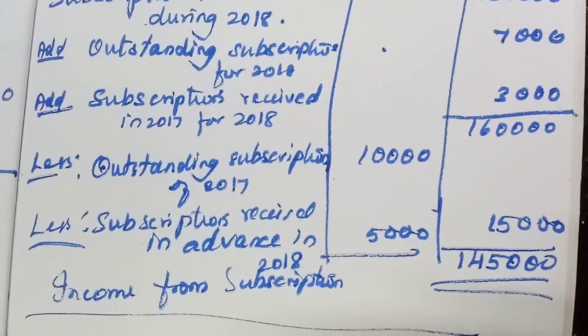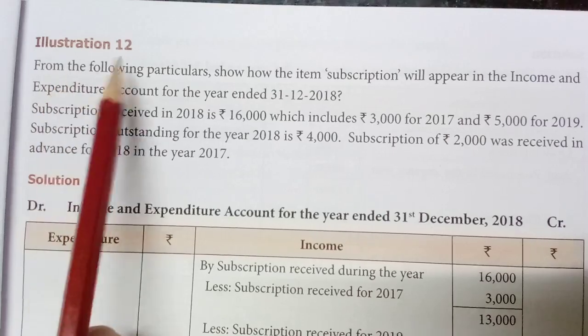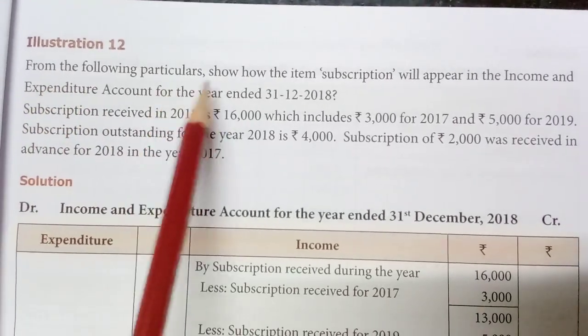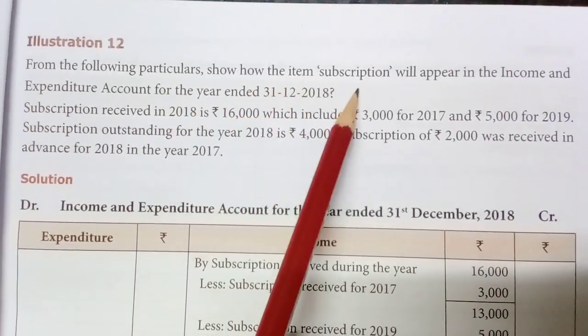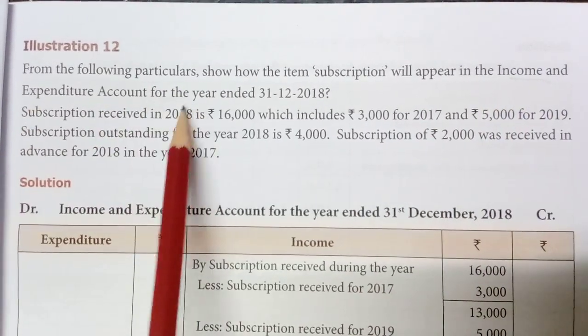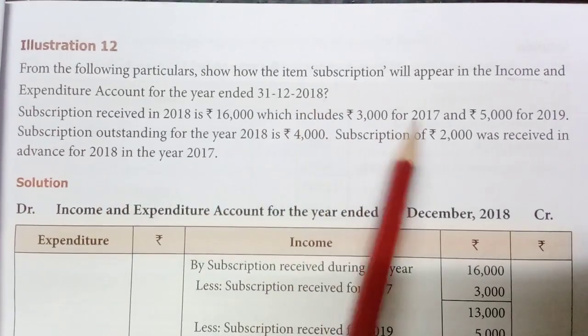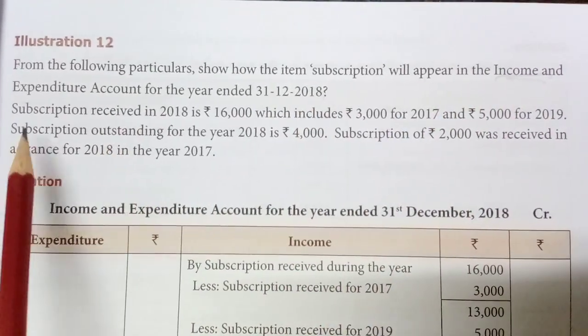That's all. Okay, one more illustration is there. We will see now. Illustration 12. From the following particulars, show how the item subscription will appear in the income and expenditure account for the year ended 31st December 2018. So only in the income and expenditure account.